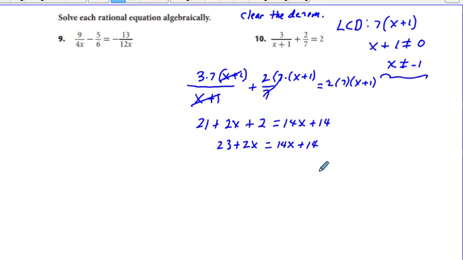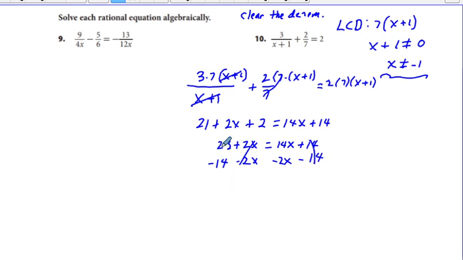So we can do a double switch. And we can subtract 14 from both sides and subtract 2x from both sides. And we do that, we have cancellations here and cancellations here, and what do we have left?